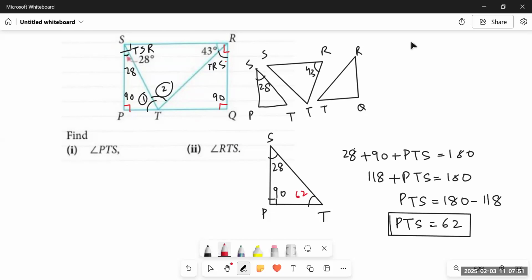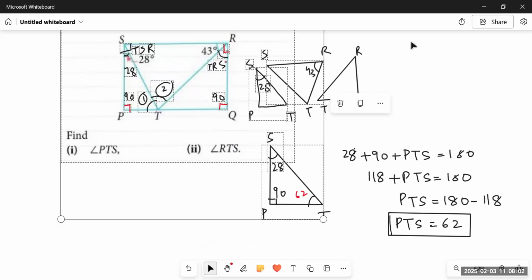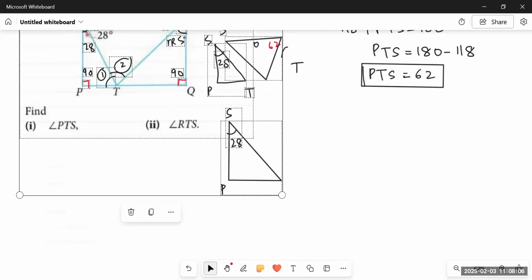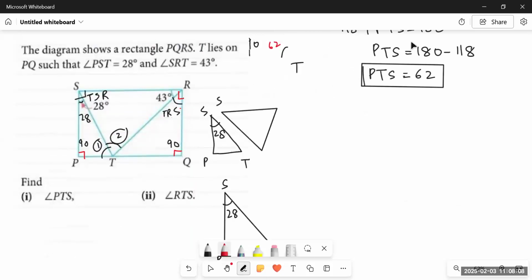Now we have to find the second angle, that is STR. But to find this, if we look at the shape, we'll find that only one angle is given in the second triangle. Let us draw it again.